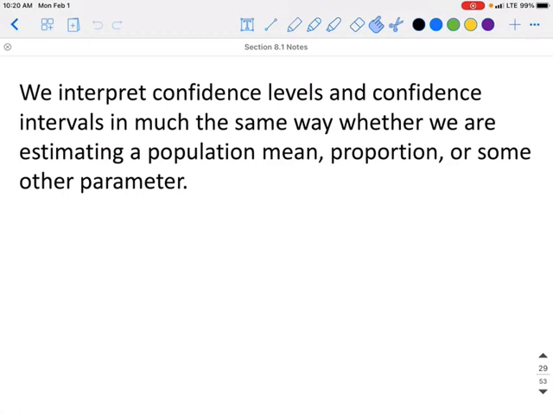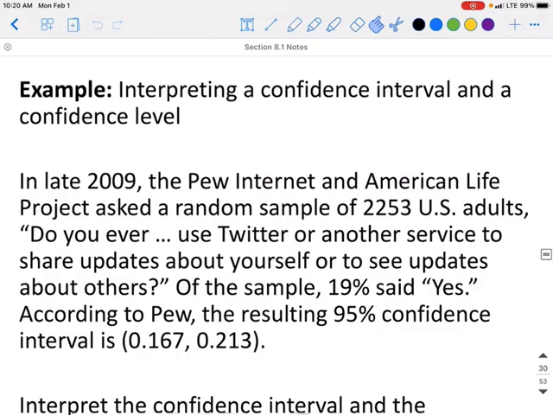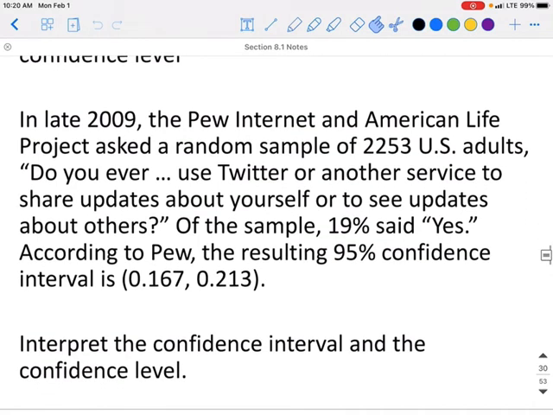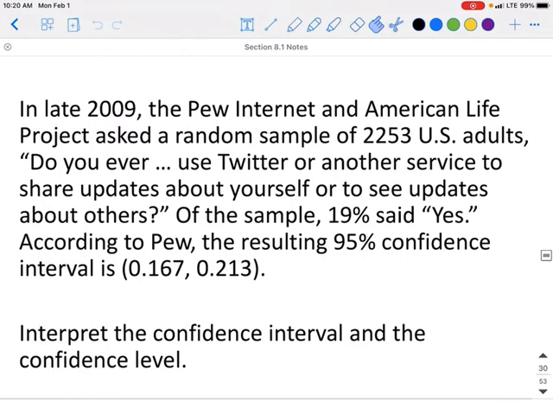We interpret a confidence level and confidence intervals in much the same way, whether we are estimating a population mean, proportion, or some other parameter. So in late 2009, the Pew Internet and American Life Project asked a random sample of 2,253 U.S. adults, do you ever use Twitter or another service to share updates about yourself or to see updates about others?